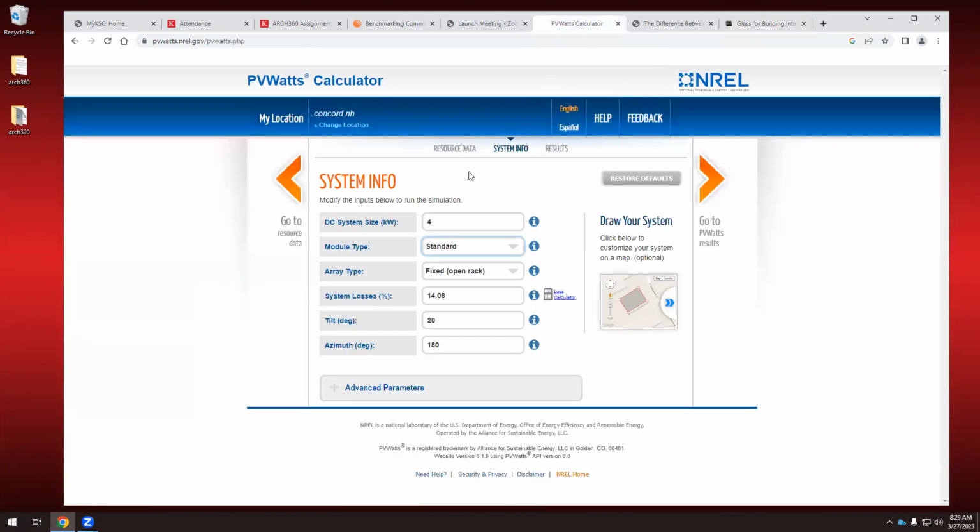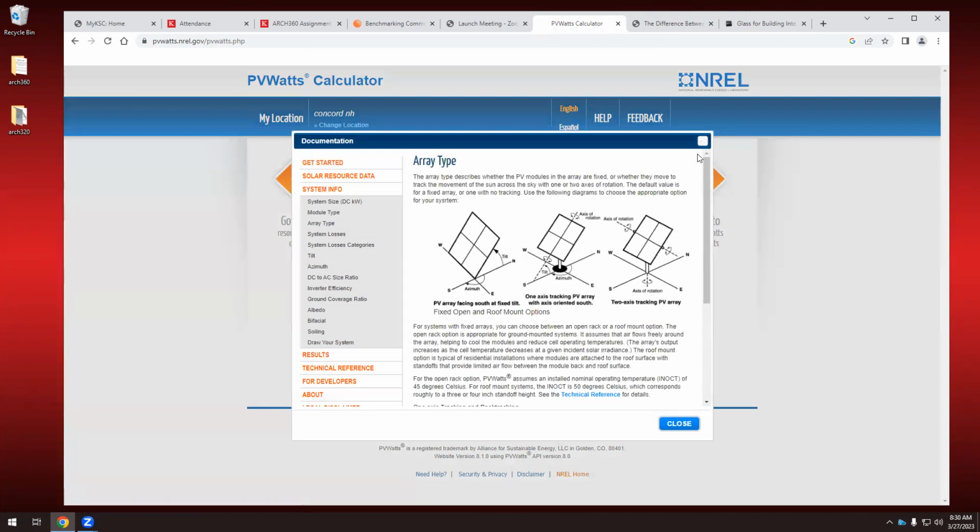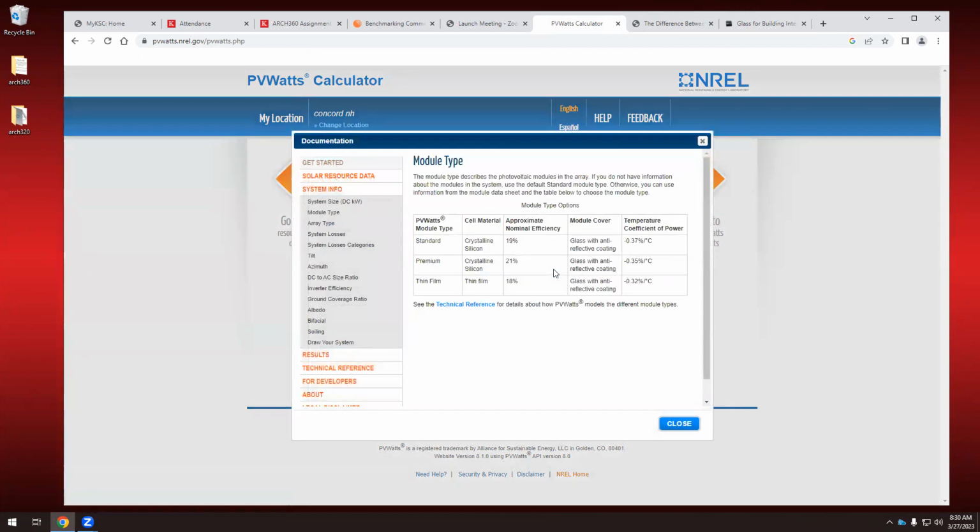But we are not going to use a thin film. And then between standard and premium, what does it mean? We can always go to this information. So that's the efficiency.